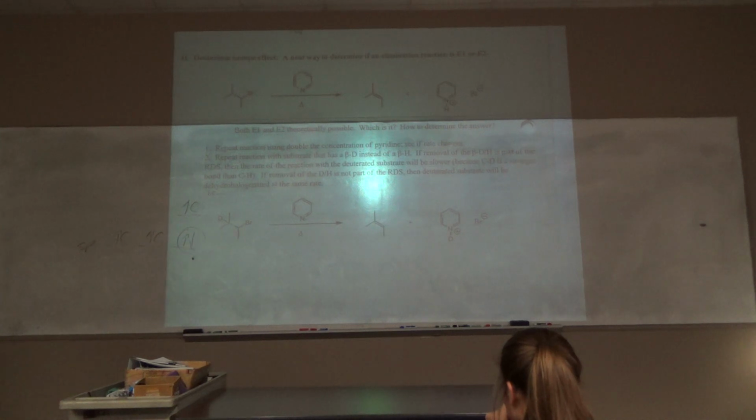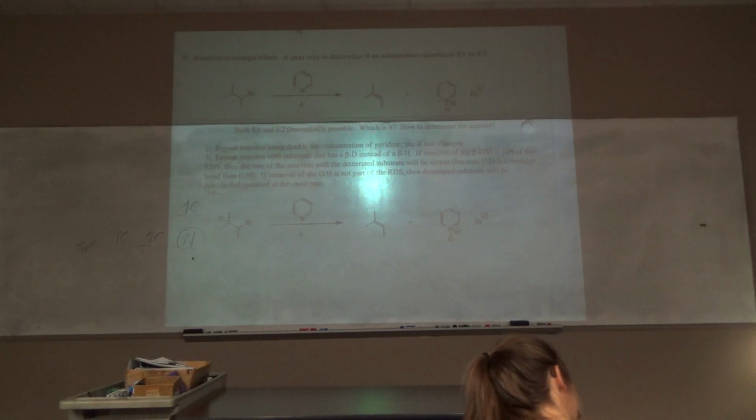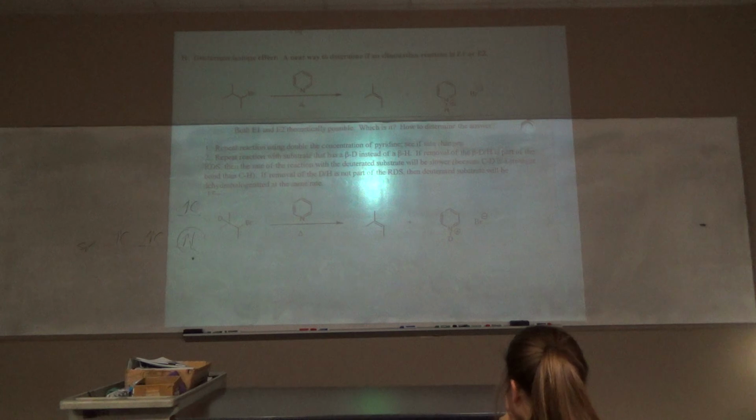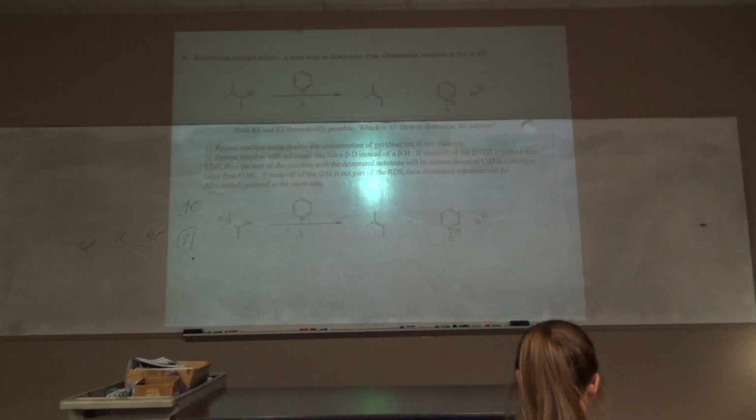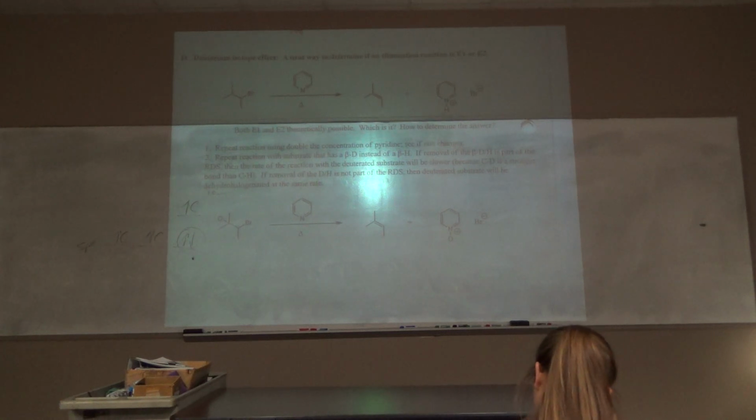Double the amount of the base, and see if the reaction rate doubles as well. If it does double upon doubling the concentration of the base, what's your mechanism? E2. What if you double the amount of the base and it does not change the rate? It must be E1, because we know that the base is involved in the rate determining step of an E2, but it's not in an E1. That's number one.